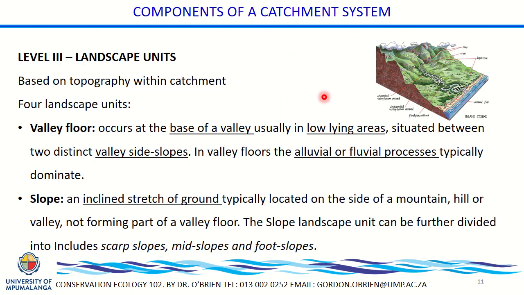They are inclined stretches of ground, typically located on the sides of mountains, hills, or a valley, not forming part of the valley floor itself. The slope landscape unit can be further divided into scarp slopes, mid slopes, and foot slopes. Okay, there's just 3 types of slopes. Please go look at the classification manual. Please go through the manual to see what those 3 different types are.